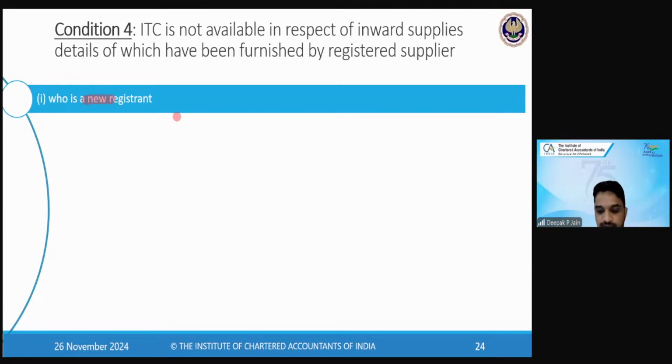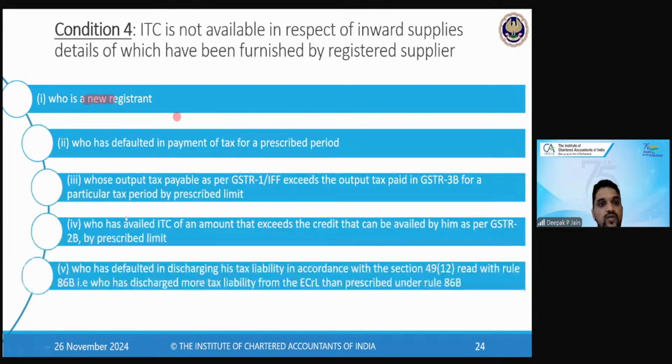Second is one who has defaulted in payment of tax. He is a defaulter. He has defaulted on the government's payment. So his credits also you cannot claim. Third, whose output tax as per his GSTR-1 exceeds the output tax in 3B for a particular tax period.